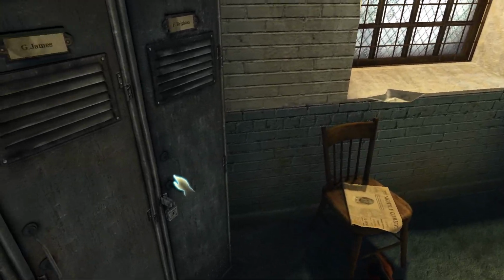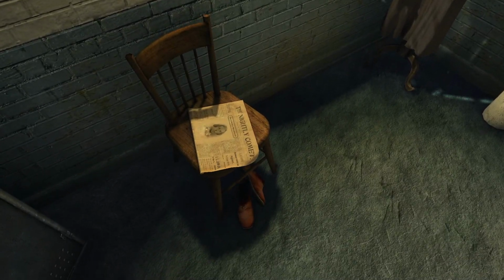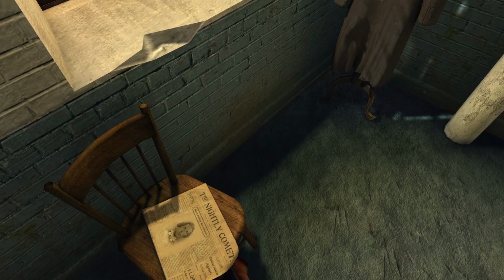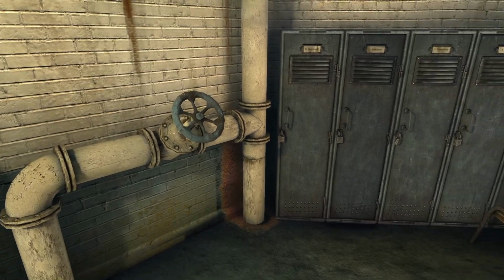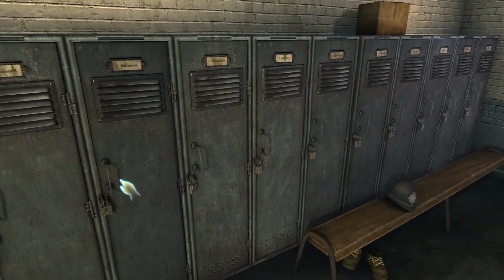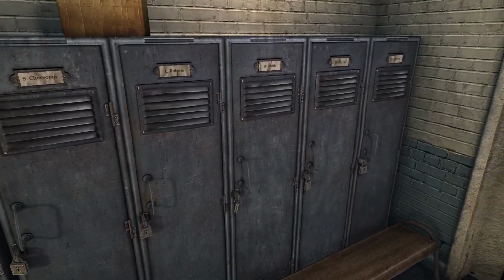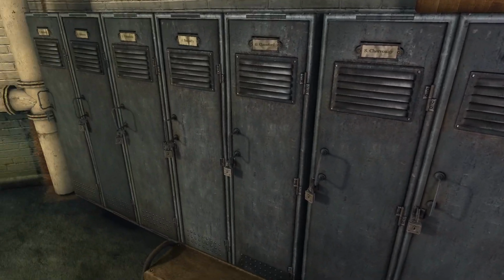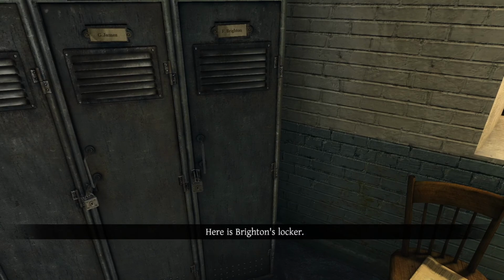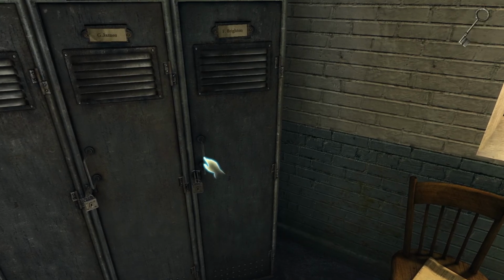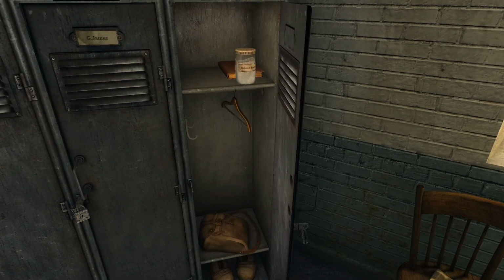Let's continue. Oh, that's Brighton's locker. Nightly Comet. Similar jacket that I have. J. Patterson. So I have two lockers I can investigate. Let's start with Brighton's locker. And here is the key.